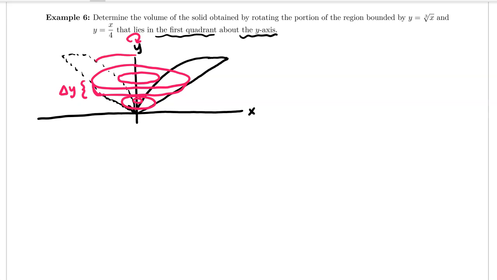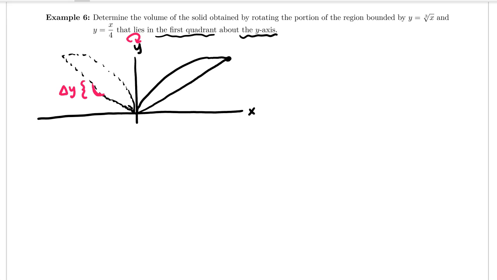So the highest one is kind of like over here. And so what I need to do is figure out where my two curves are intersecting, because I need to figure out where this ordered pair is.